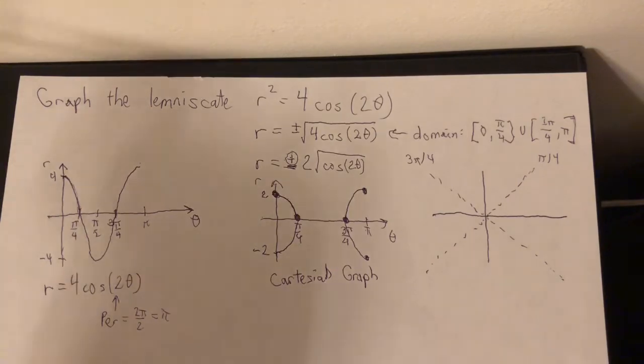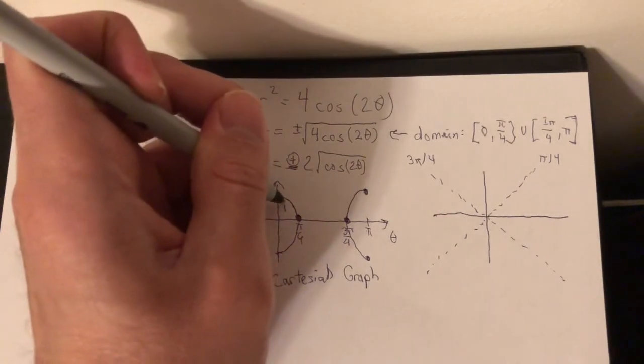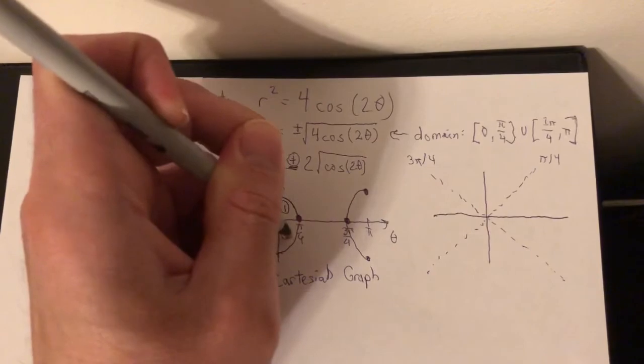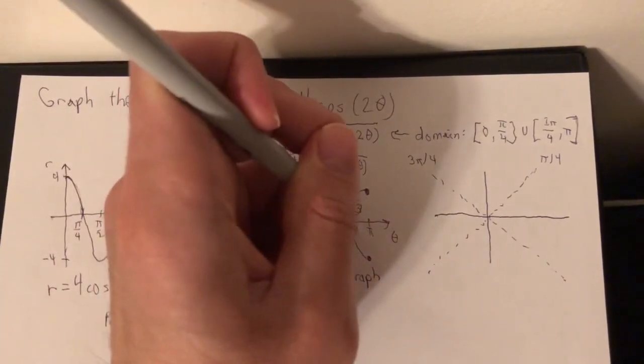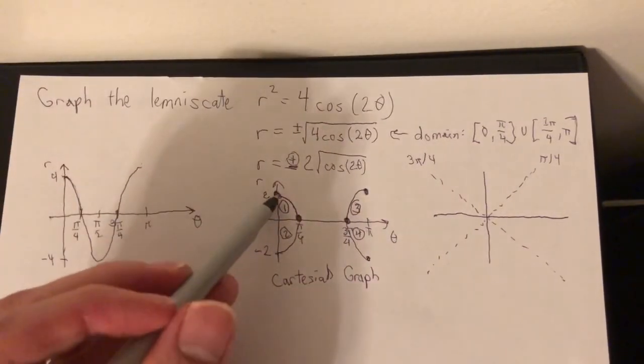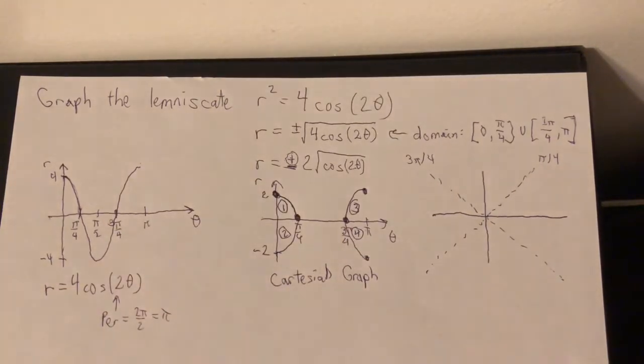And I'm going to label this 1, 2, 3, and 4, because I want to think about each of those 4 parts of my graph separately as I graph this lemniscate.